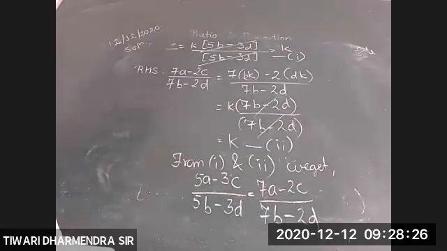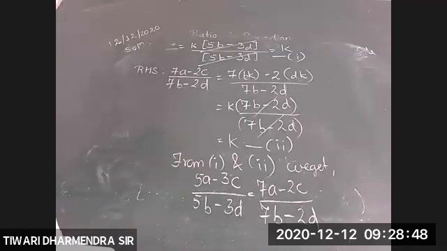Hope this is okay and you have understood how easy and simple the K method is. Even a problem which looks a bit difficult becomes simpler after applying the K method, and we have solved it very easily step by step.